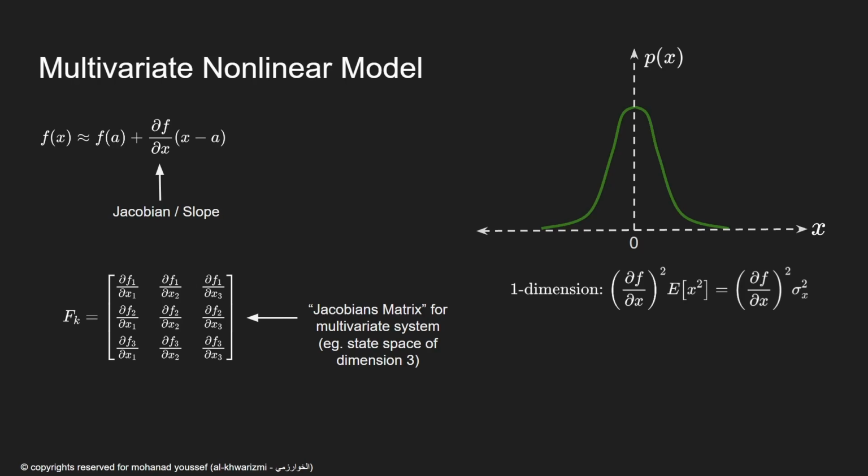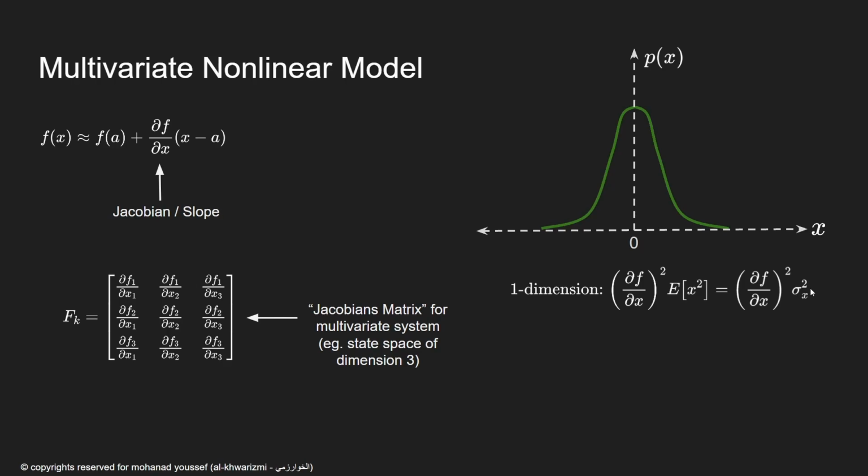And for one dimension, we say that if we want to know the expectation of the state vector x square, because we want to know the variance, because variance is the square of the standard deviation, so we say expectation of the x square multiplied by the square of the multiplier here, or the slope, the Jacobian. So then we come up with the multiplier square, or the slope square, multiplied by the variance.